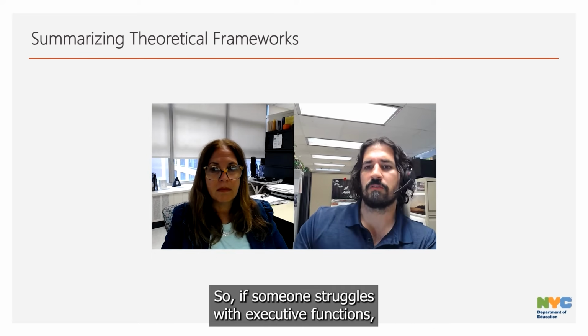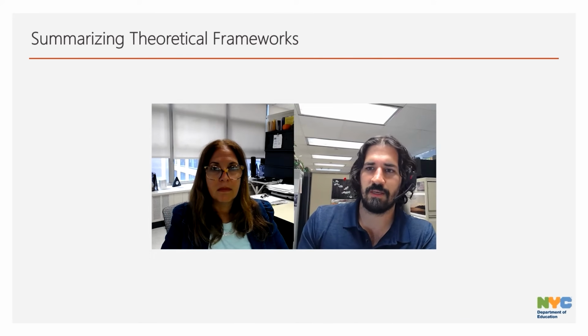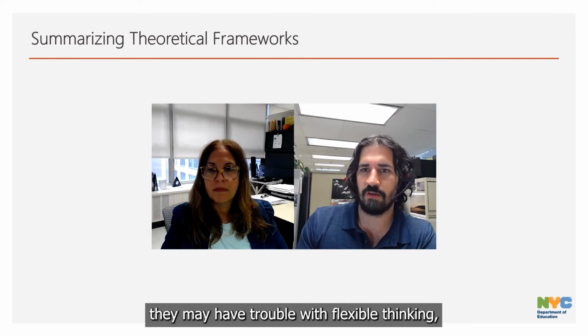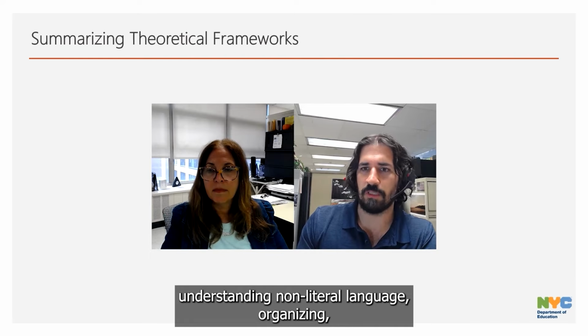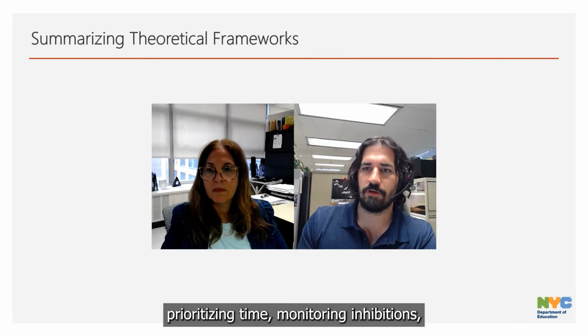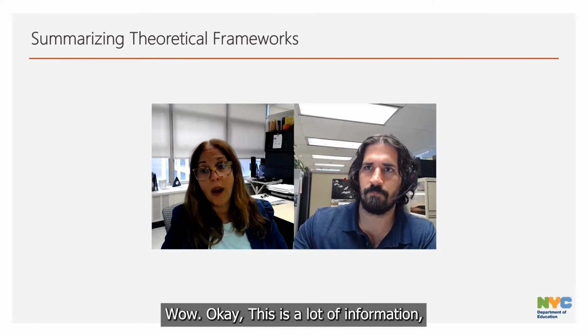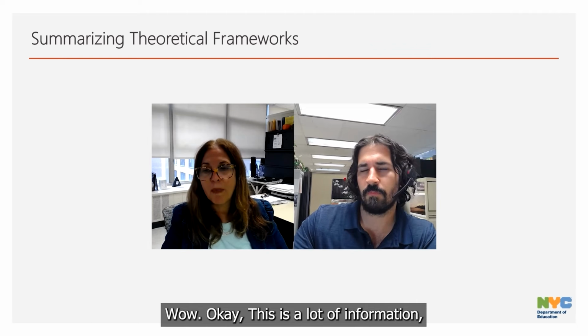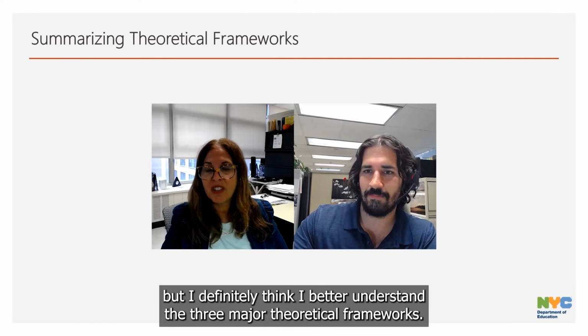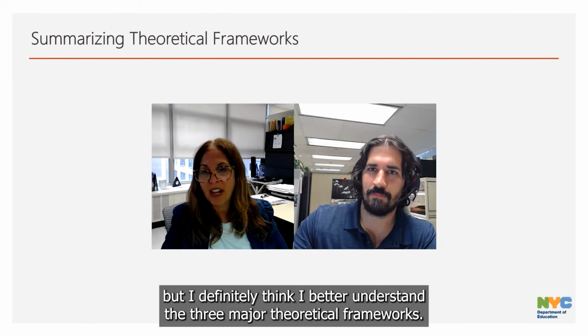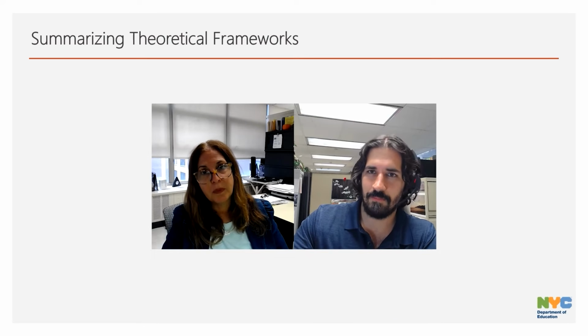So if someone struggles with executive functions, they may have trouble with flexible thinking, understanding non-literal language, organizing, prioritizing time, monitoring inhibitions, impulses, issues like that. Wow. Okay. This is a lot of information, but I definitely think I better understand the three major theoretical frameworks.